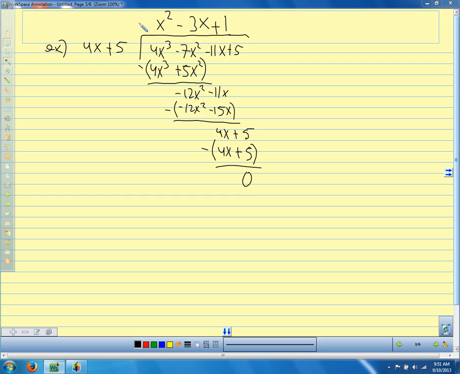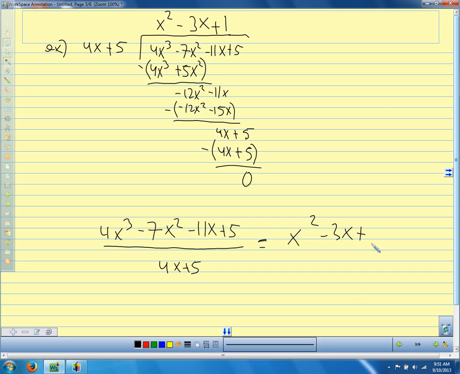So we have one factor. We are left with, so let me write this out, 4x to the third minus 7x squared minus 11x plus 5 divided by 4x plus 5 equals x squared minus 3x plus 1.